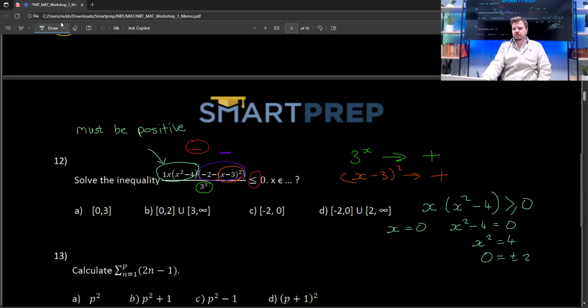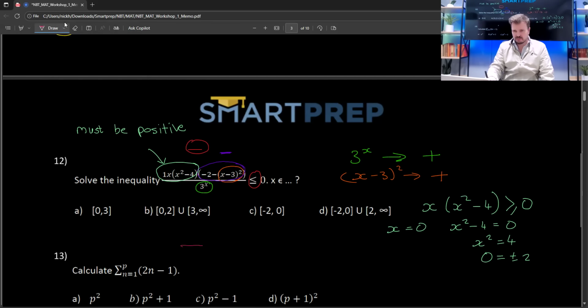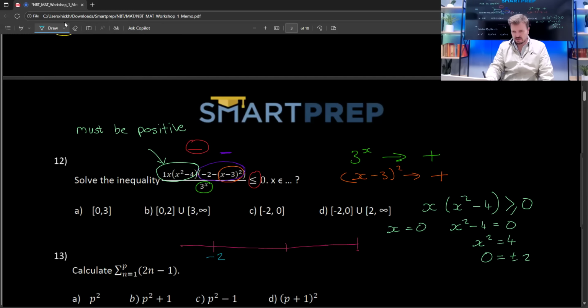Now all we do is test our critical values on a number line and see, are we going to get a plus or a minus when we put these various things in. So we know at that point we're going to get -2, 0, and 2. And what we do is test in between these values.